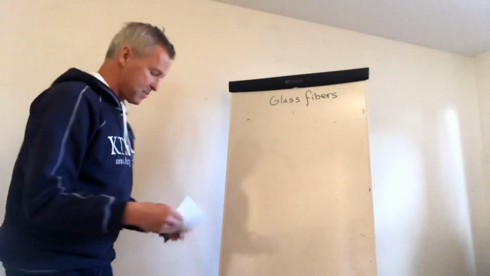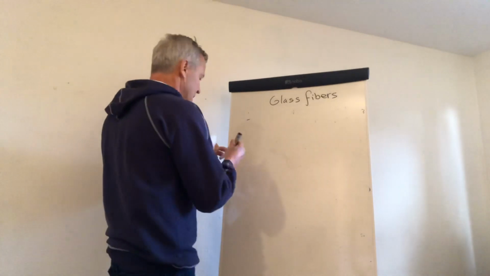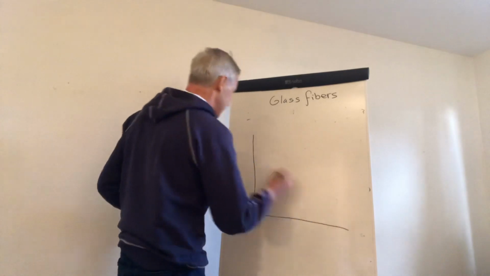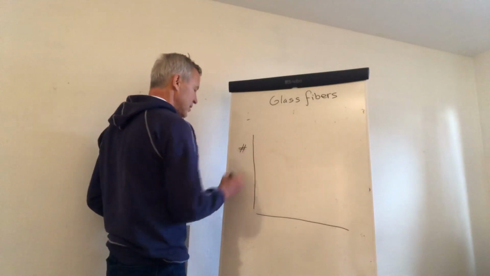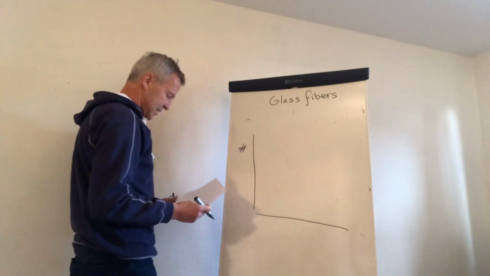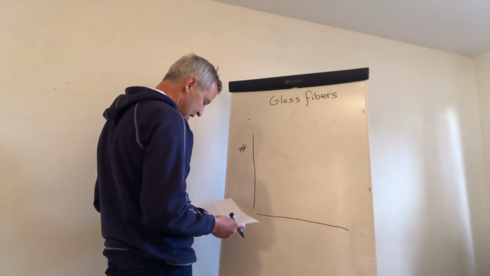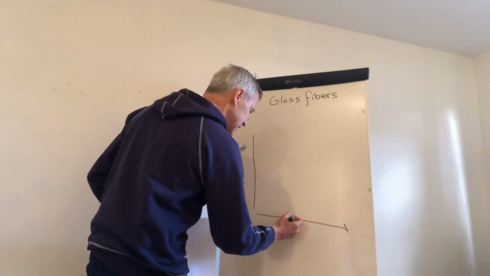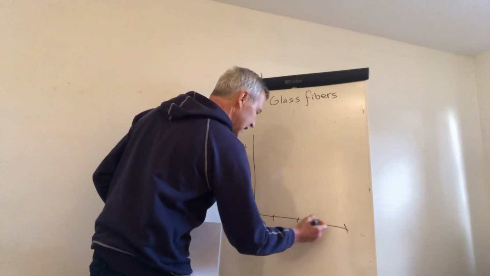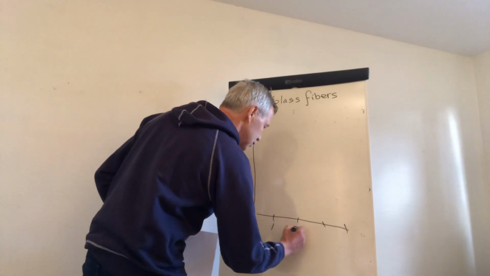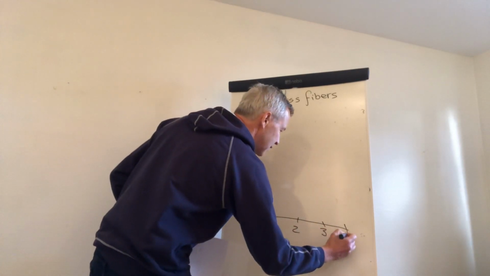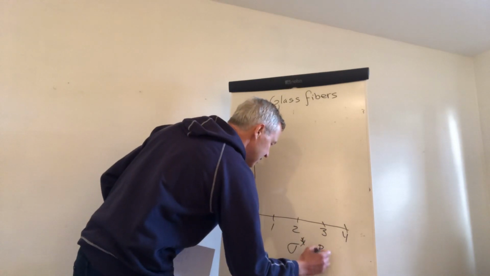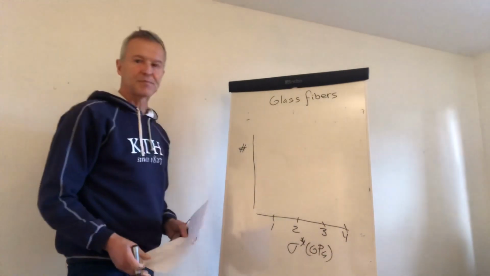If I look at the statistics of strength, and I just take the number of samples, and then I do this for different strength values. So this is 1, 2, 3, 4, and this is all in gigapascal.